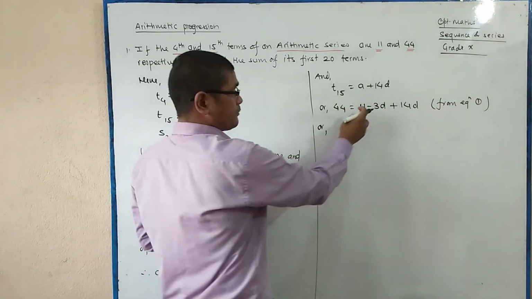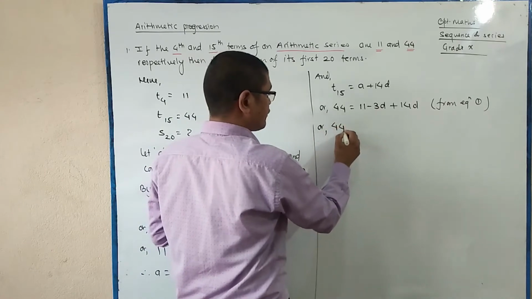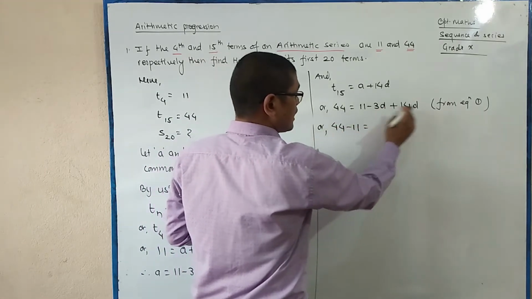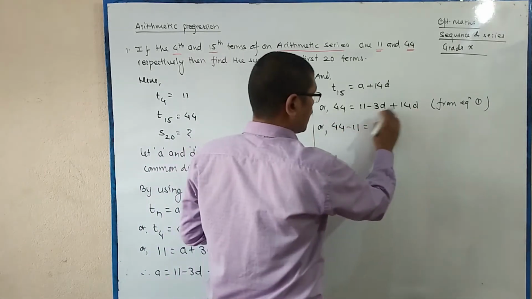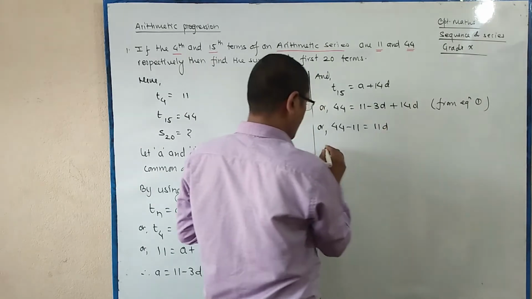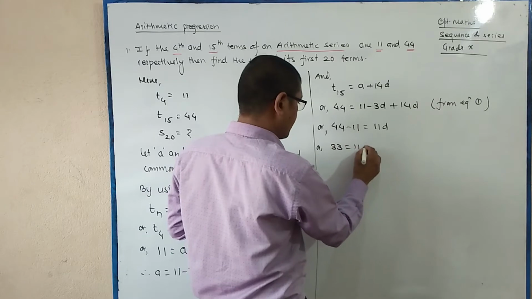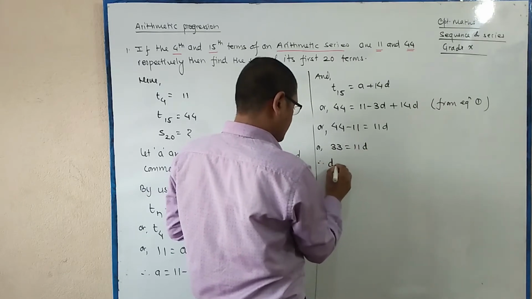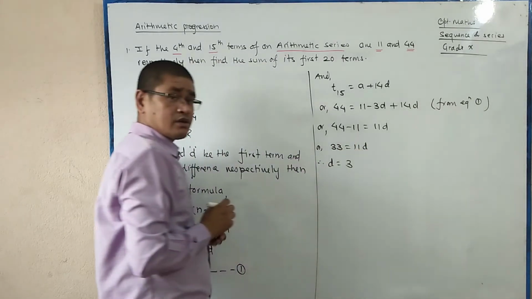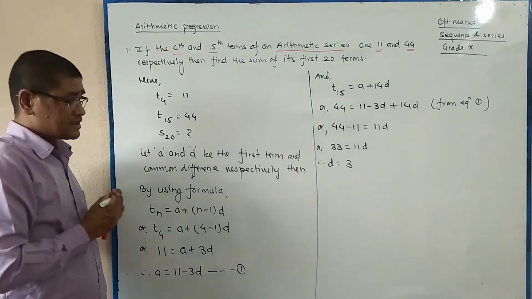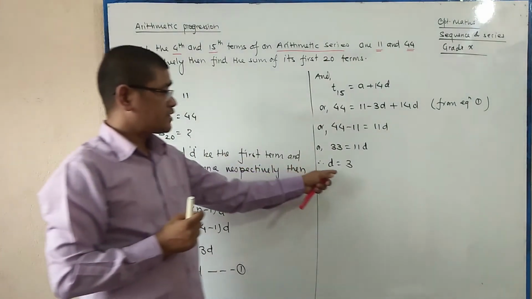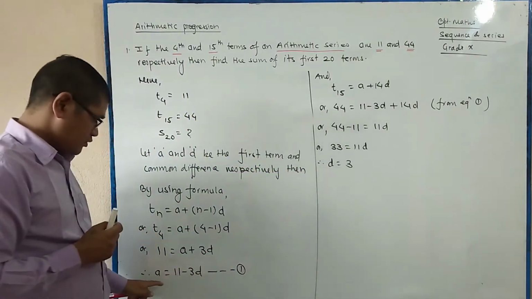Or we can bring this 11 to this side. 44 minus 11 equals, let's calculate, 33 equals 11d, therefore d equals 3. We have calculated the value of d. Now let's substitute the value of d in equation 1.